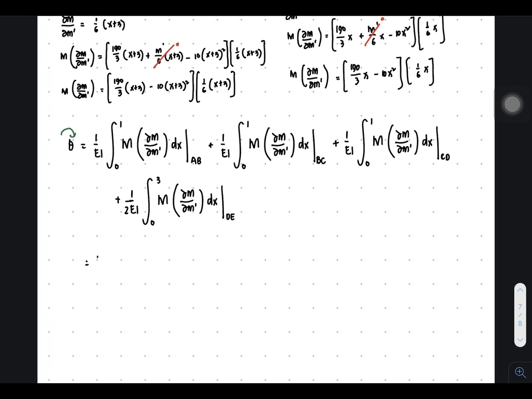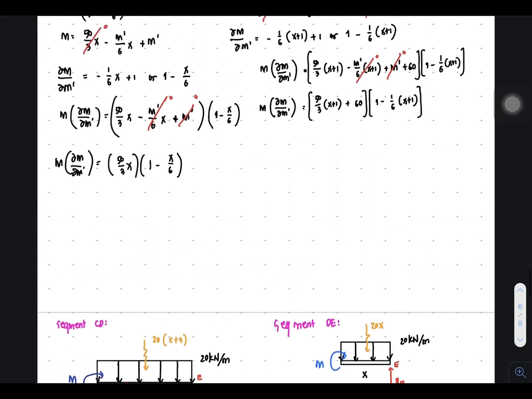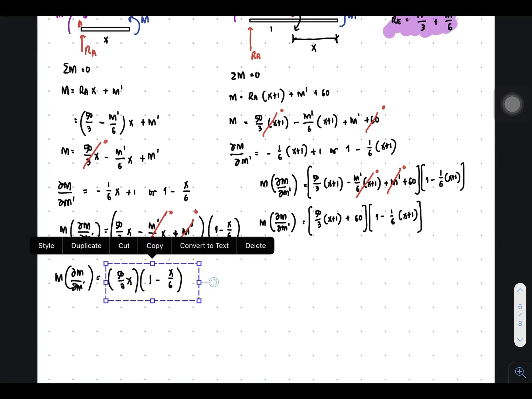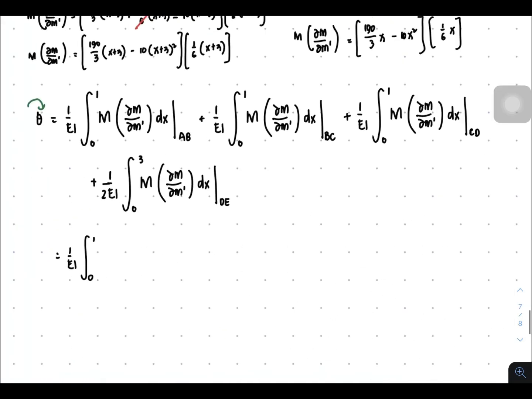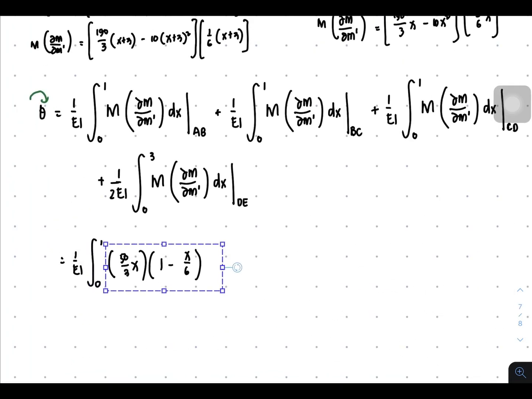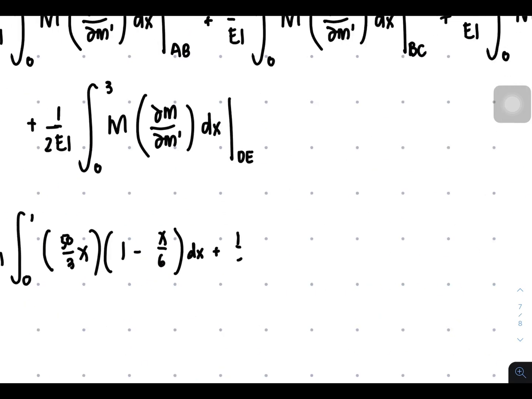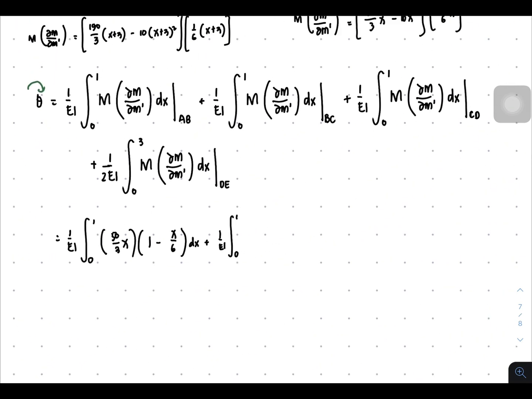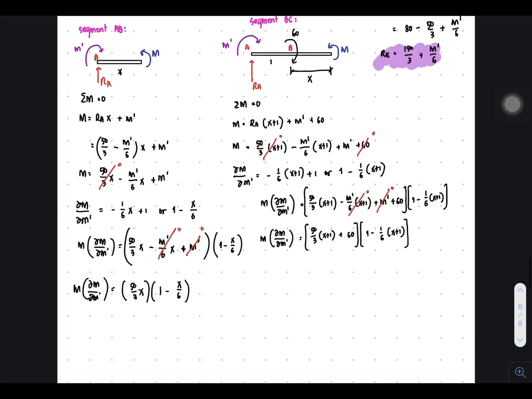So what we're going to do now is get the 1 over EI for every term, integral for AB from 0 to 1. So where is the segment AB? Here. Let's copy this. This is for AB times dx plus 1 over EI for the integral from 0 to 1 limits for B to C.